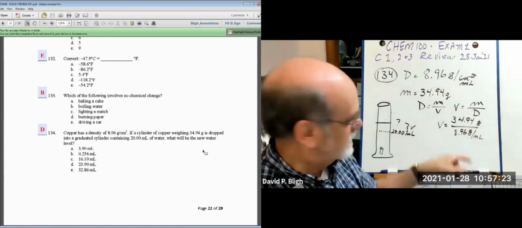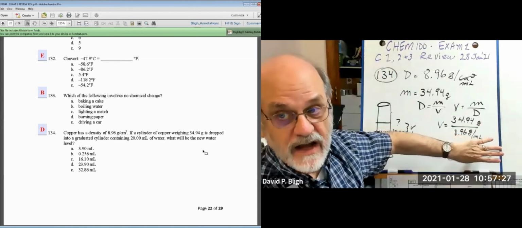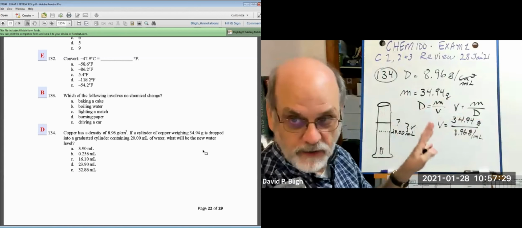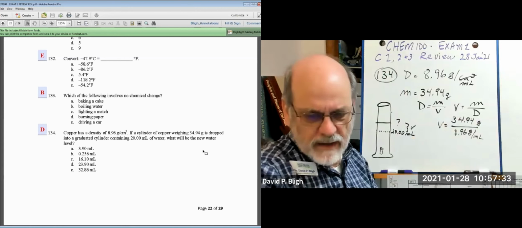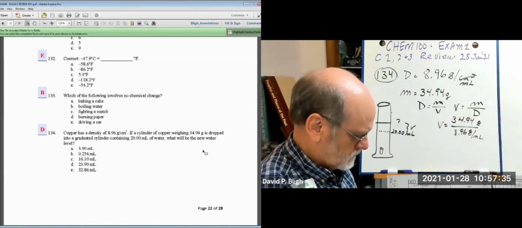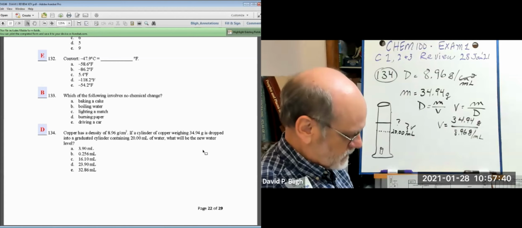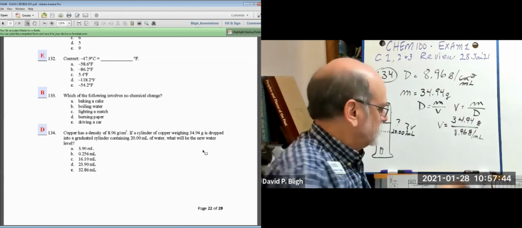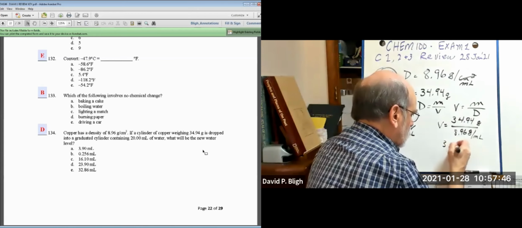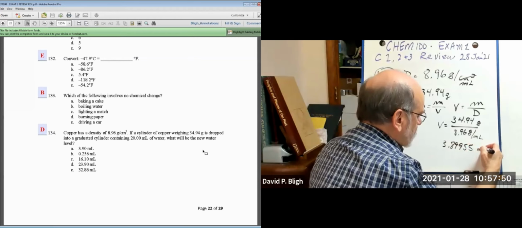We check our units. Grams cancel. Milliliters is in the denominator of the denominator. It flips up. So we got the right units. We divide this into that, and let me go ahead and do that. 34.94 divided by 8.96 gives 3.89955 milliliters.